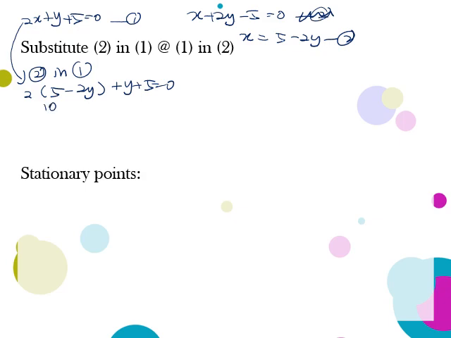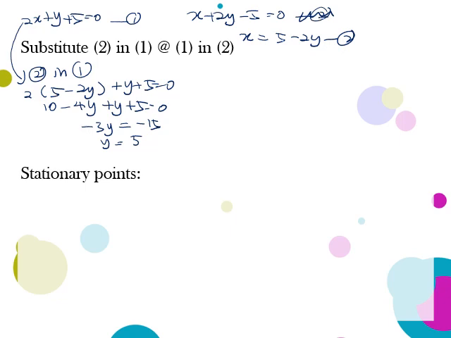Then we have 10 minus 4y plus y. Then we have minus 3y equal to minus 15. So we have y equal to 5.